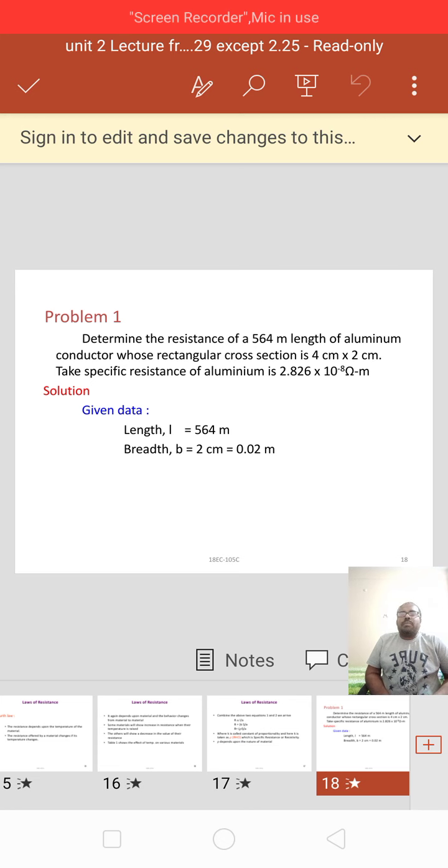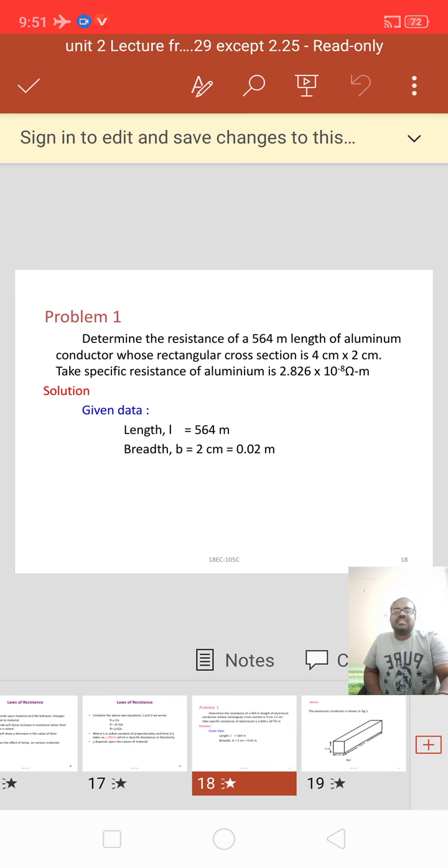From the above problem we can deduce the given data: length L equal to 564 meters. Next, breadth B equal to 2 centimeter, that is 0.02 meters, converting centimeters into meters.